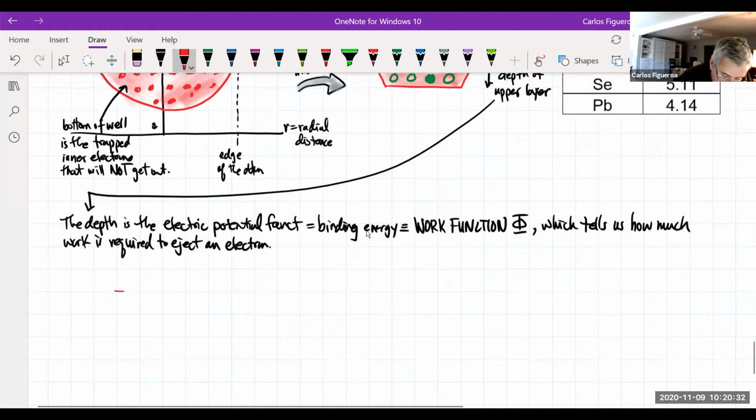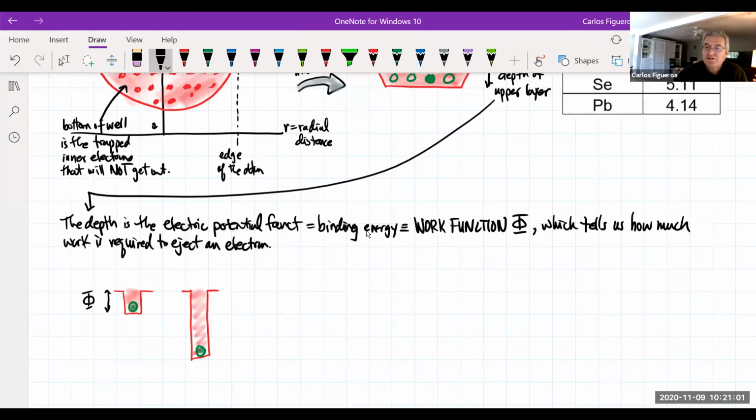Well, if I have a little well versus a deeper well, the electron is essentially down here at the bottom. As it is at the bottom, we ask the question, which requires more work to eject it? Well, because this is a little bitty one, I write a potential function like this here.